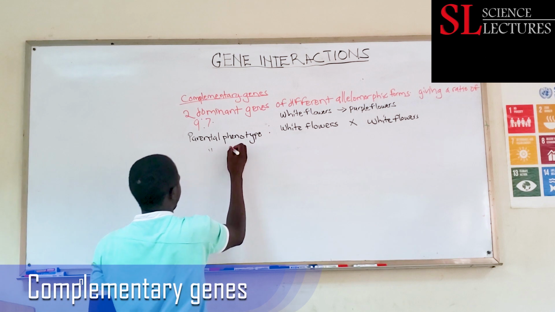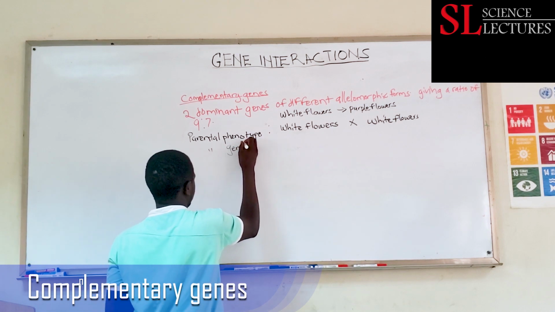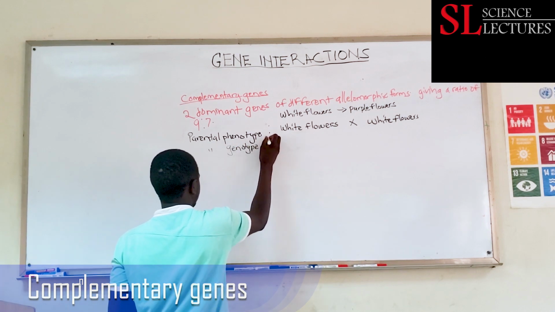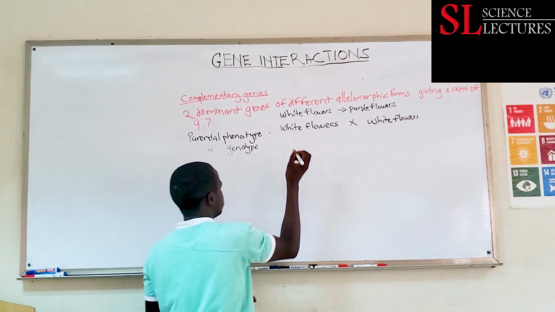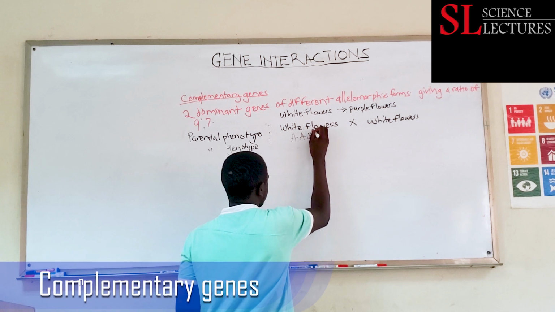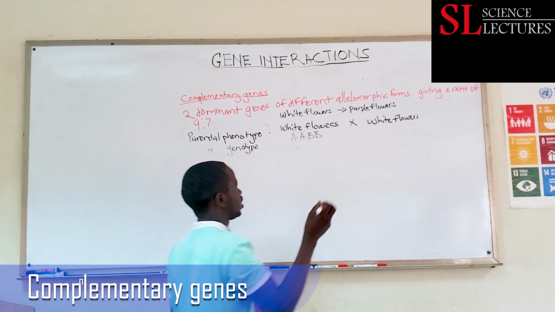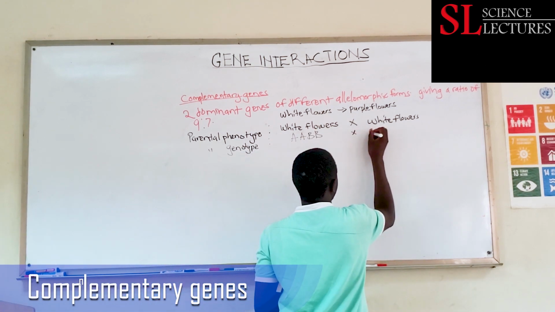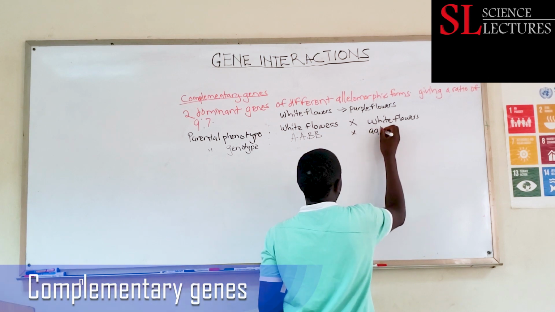Then you write the parental genotype. So when they tried to examine the genotype, they discovered that one had two dominant alleles and the other had recessive alleles.